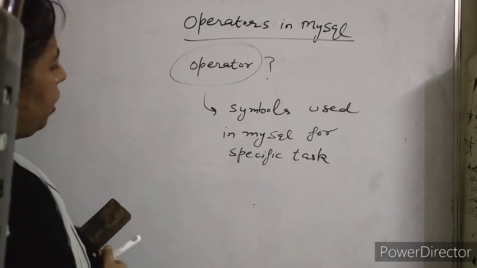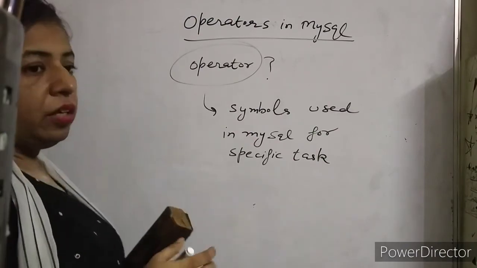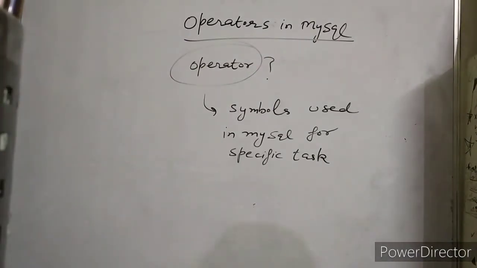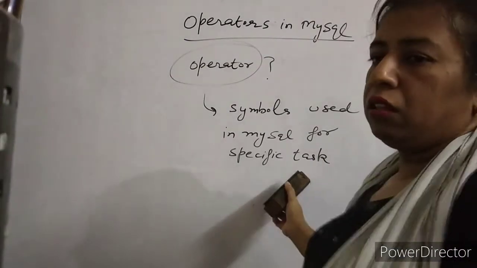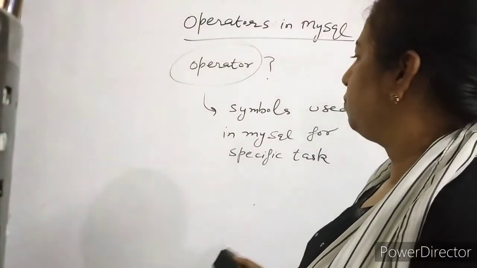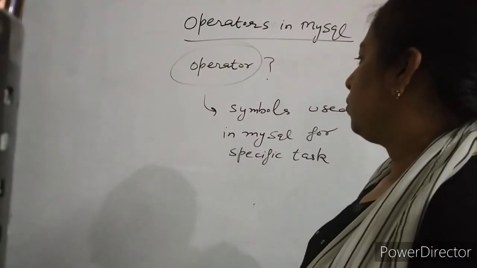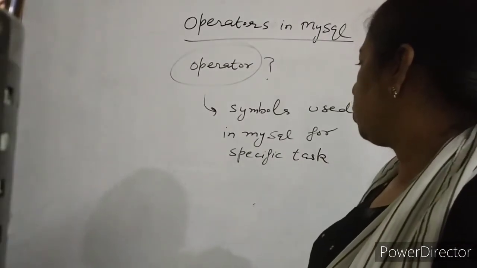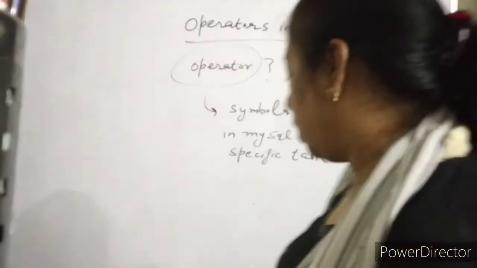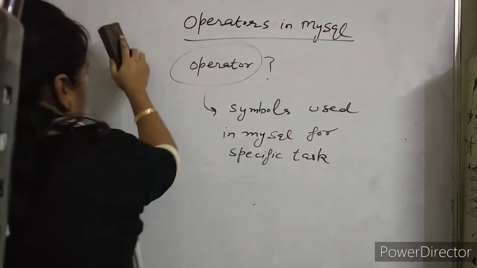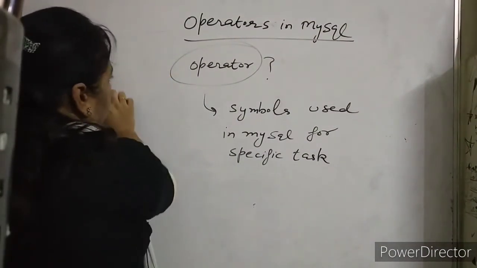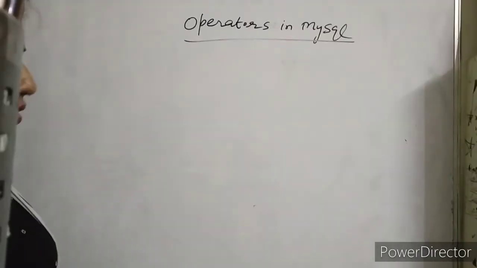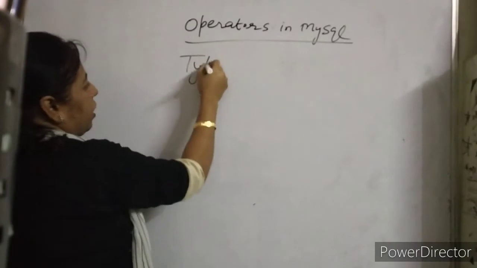In MySQL we have different categories of operators. Operators are the symbols used in MySQL for specific tasks. Now write down types of operators.